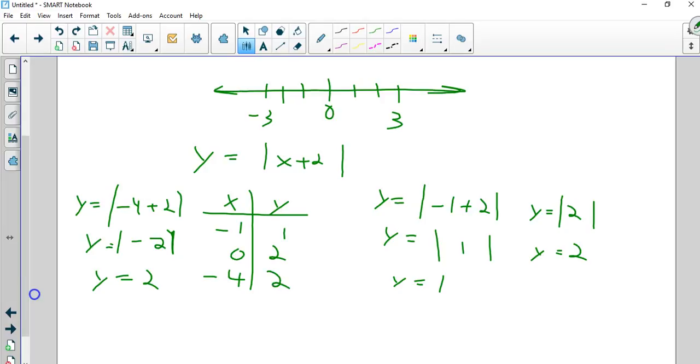And the interesting thing about absolute values is your graph ends up being in a V shape. Either positive or negative. And the way you would make it negative is if you had a negative sign out here. Because then what it does is it takes every number you get from the table and makes it the opposite. And that's how you can get an upside down absolute value.